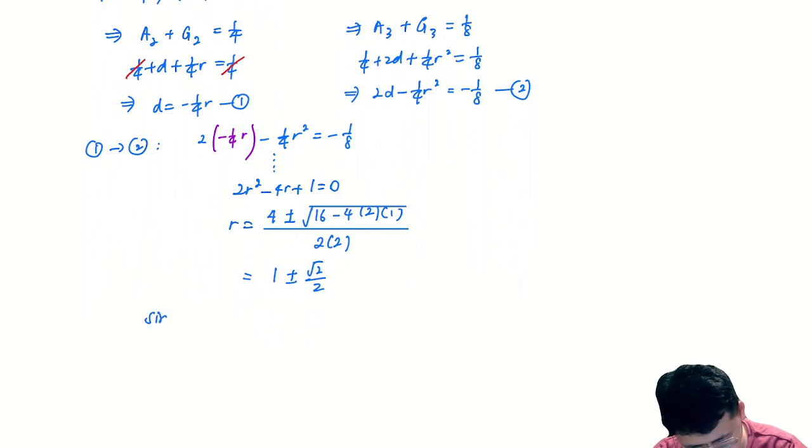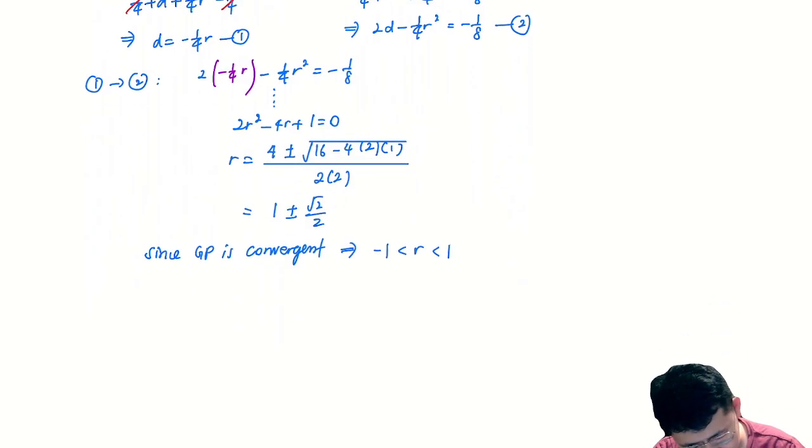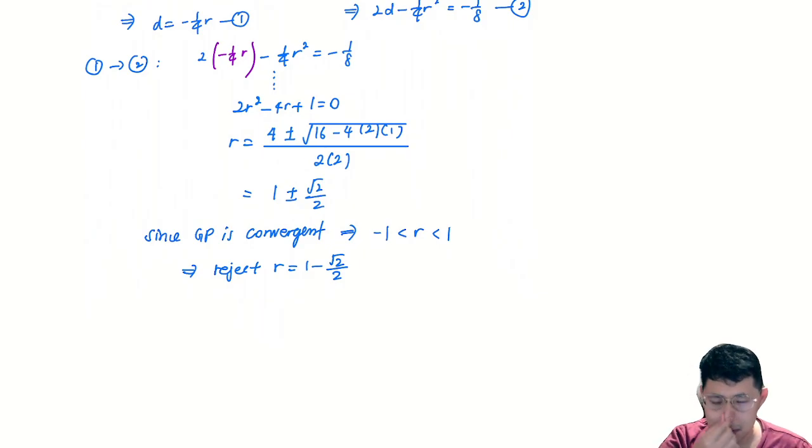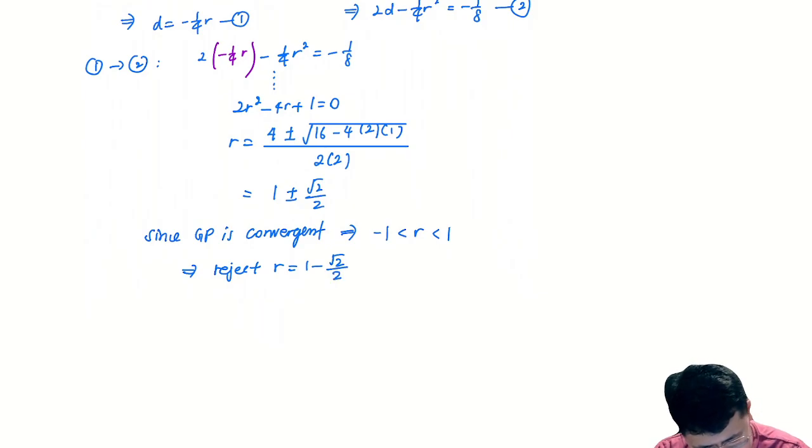Since the GP is convergent, this means that our R would be between negative 1 and 1. Because of this, we have to reject the other one because it's higher. So we have to reject the plus one, because it will be higher than 1.